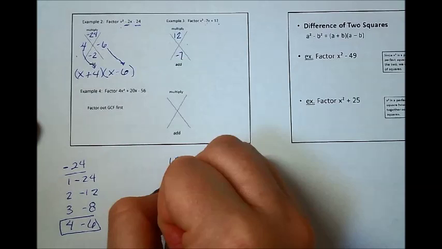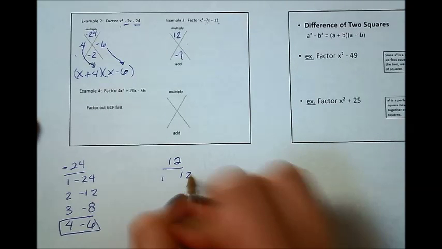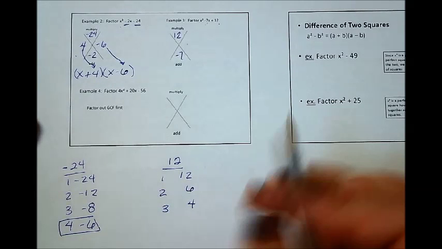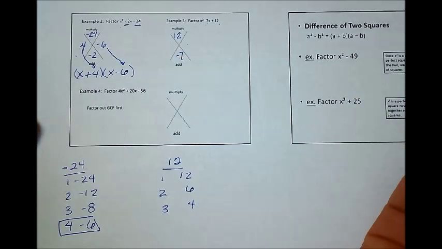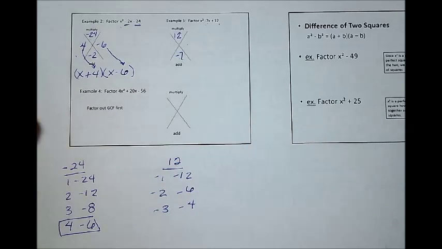So here's 12: 1 times 12, 2 times 6, or 3 times 4. And remember, this is a negative 7, so because a negative times a negative is a positive, we know that all of these have to be negative, and then we look for which one becomes negative 7.